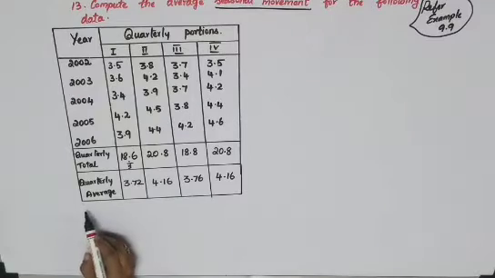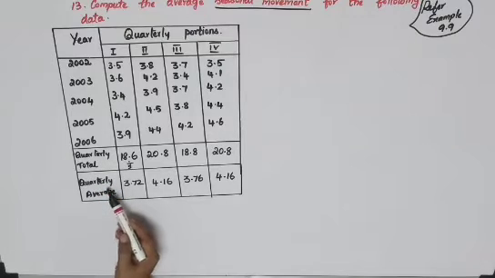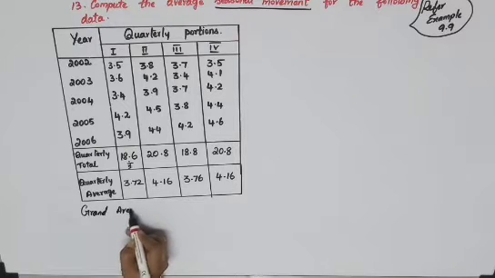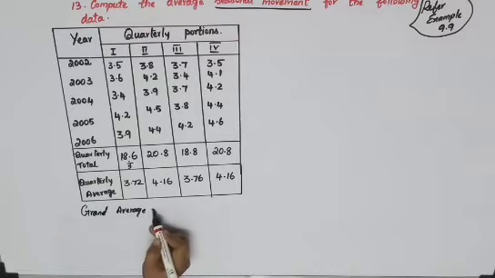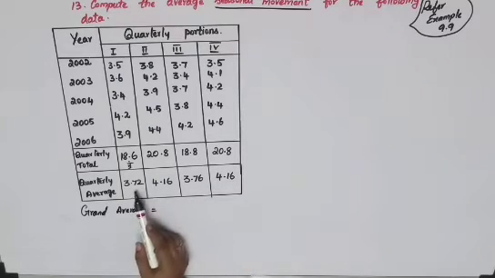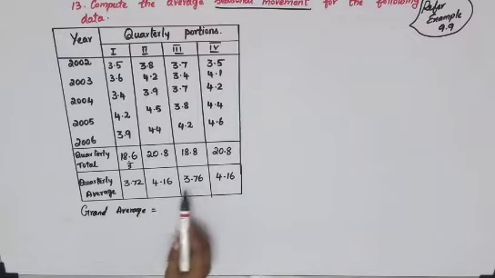Okay. The next step is, first is quarterly total, next is quarterly average. Next step is grand average, you will have to find it. So grand average is equal to, add all these quarterly averages divided by 4, that is the number of average terms, that is 4 quarters are there, 1, 2, 3, 4.